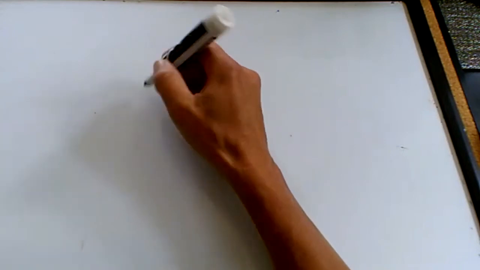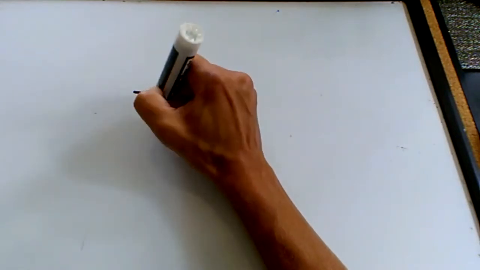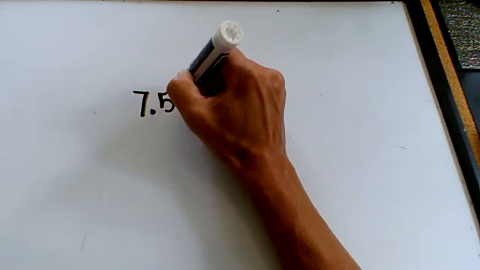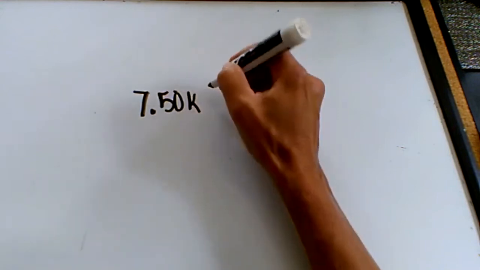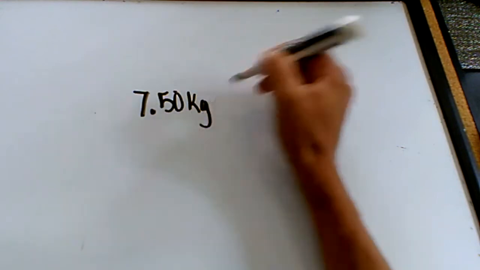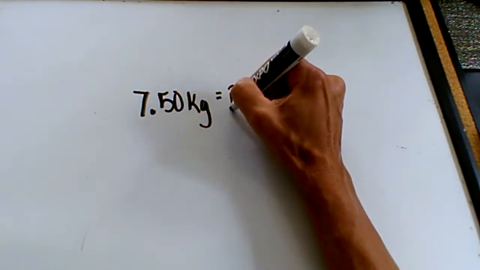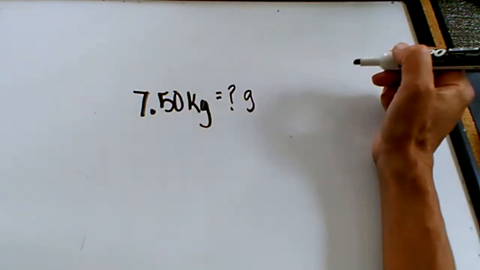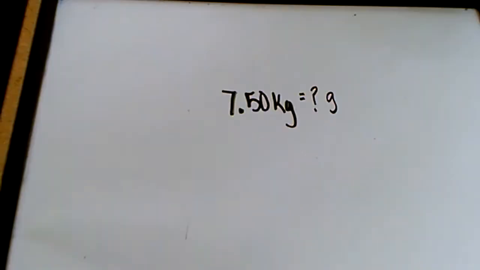Let's do another example. Let's say that this time we have 7.50 kilograms, with significant figures, and we want to know how many grams that is. Okay, well, let's do the same steps.